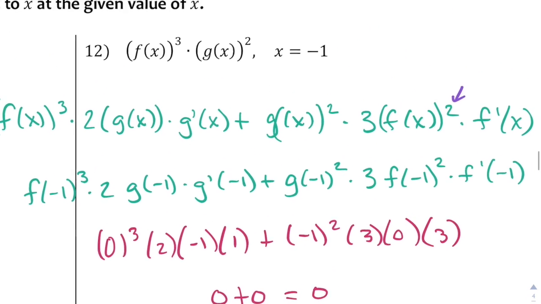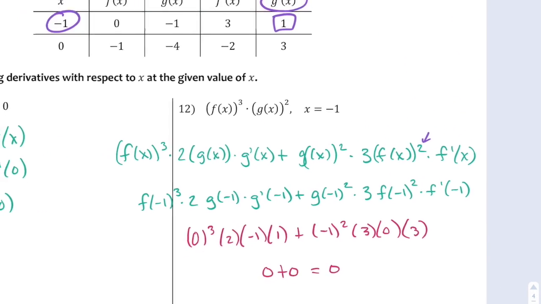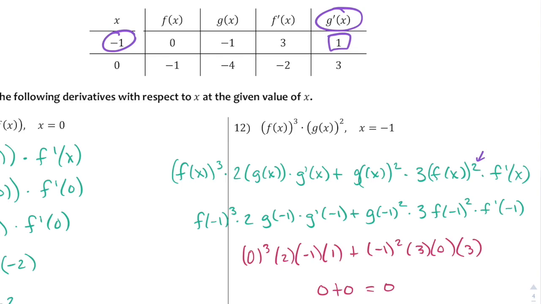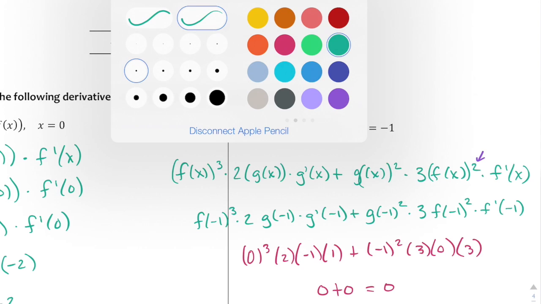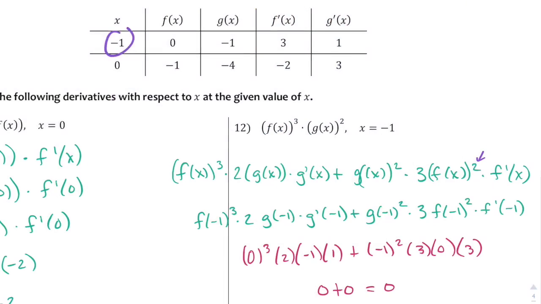So f of -1 is 0. So it's going to be 0 cubed.